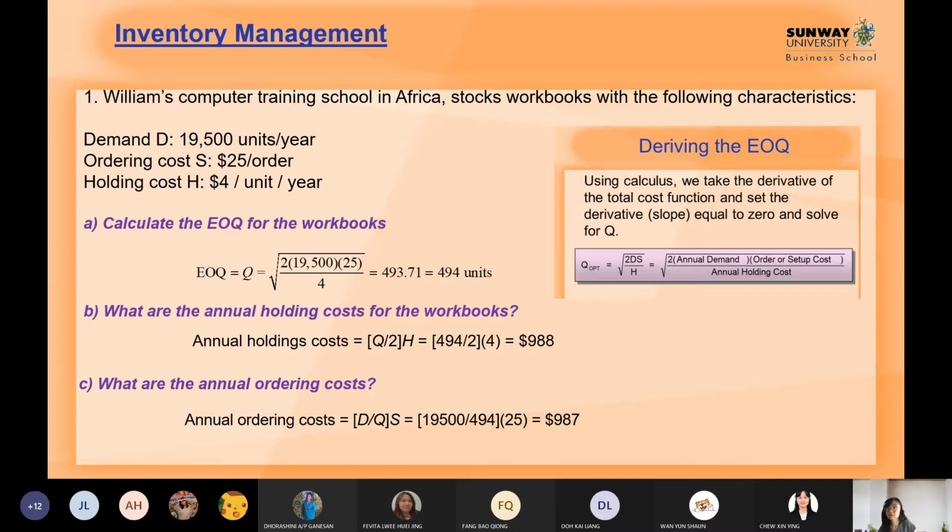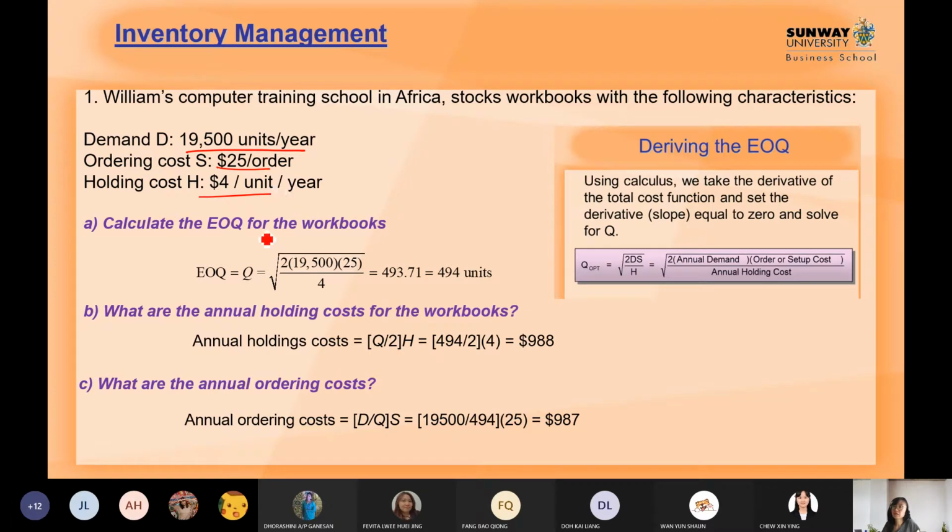William computer training school. It just says that the stock workbook has the following characteristics and demand. The demand is 19,500 units, and the ordering cost is here, and the holding cost.